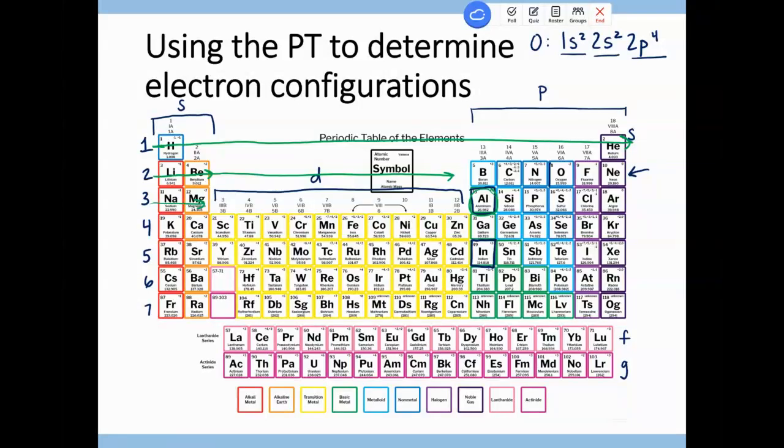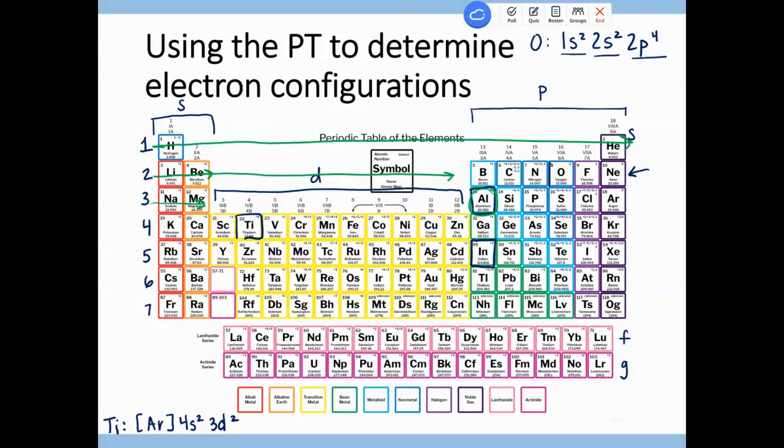You're going across a row and you're writing out the d orbital configuration. So if you're writing titanium, element 22, its configuration using the abbreviation, we can use argon, which is the noble gas before titanium, and then 4s2, 3d2.